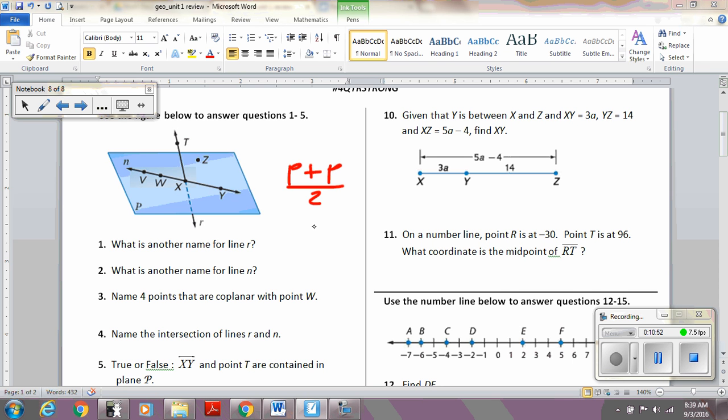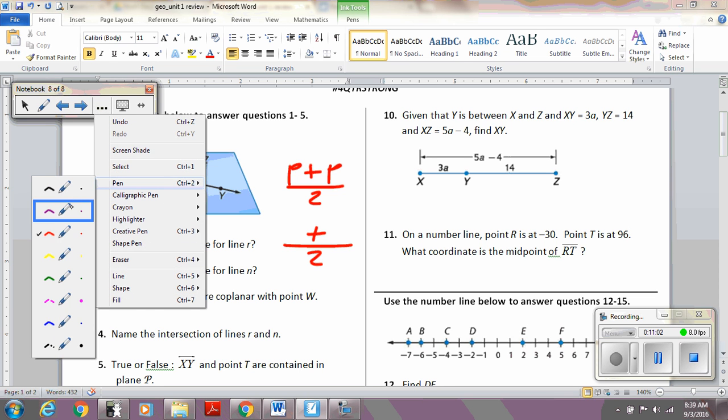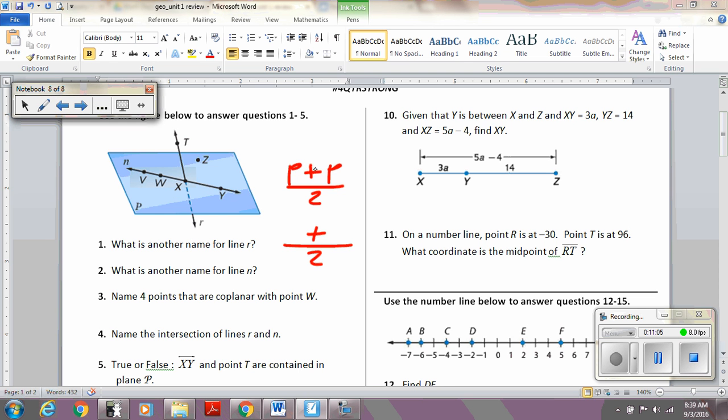So in this scenario, let's draw our formula skeleton, the plus, the division bar, and the 2. And now we'll insert the values that they gave us for the points. So R is -30, and T is 96. So we're taking -30 plus 96 divided by 2.